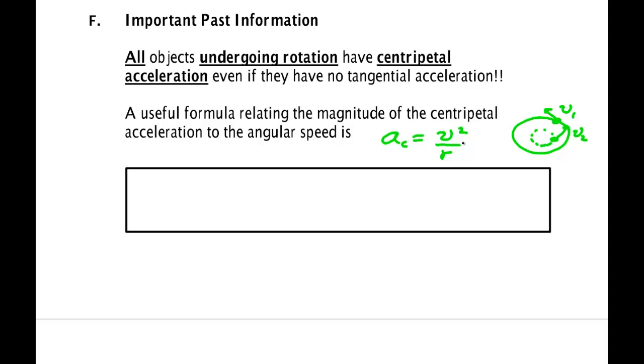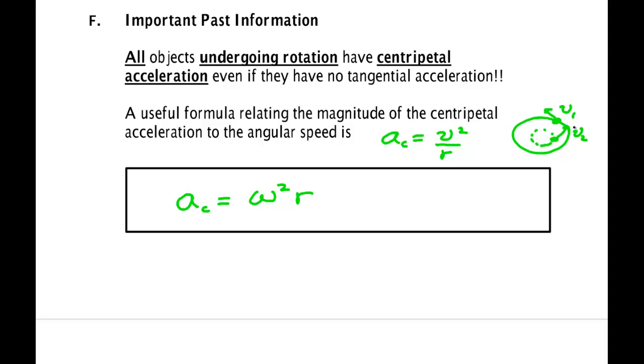So much better is to not write it in this form, but write it in terms of the angular variable. A useful thing is to write the centripetal acceleration as omega squared r. Every point in these guys has the same omega.